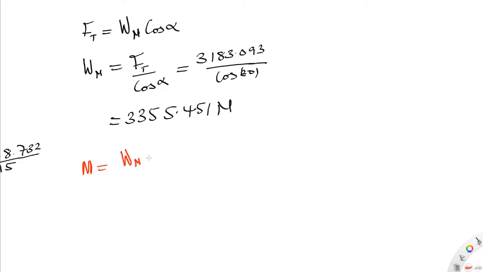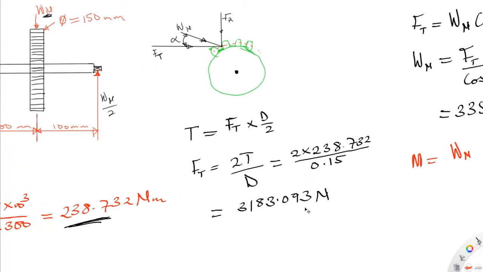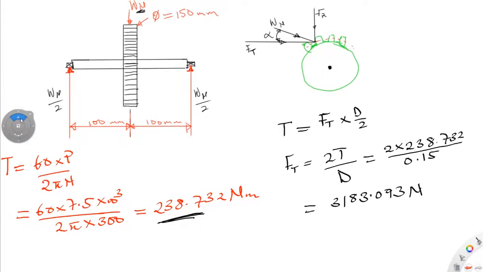times the length. We are picking one reaction, so we could determine the bending moment from the left or from the right. So we have this force times the distance from here to the middle.